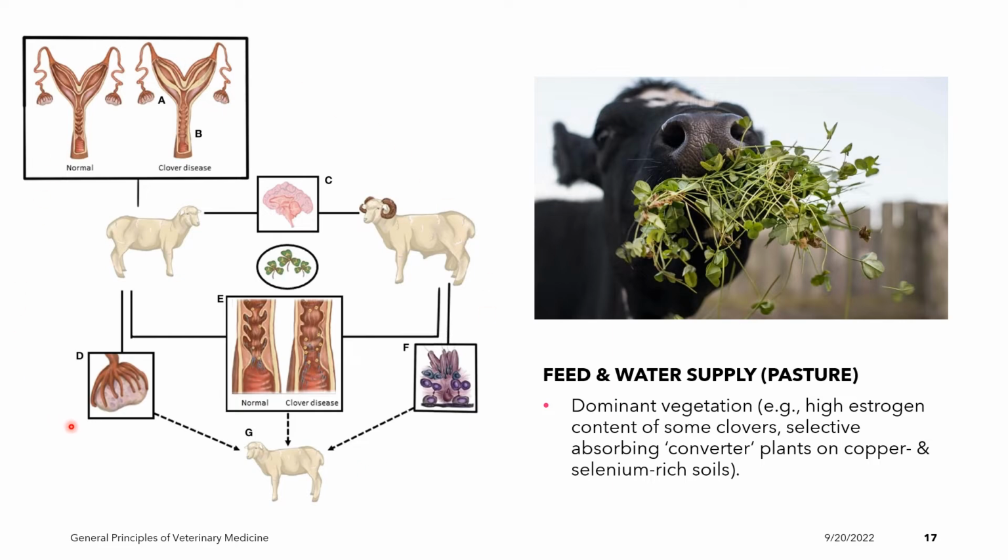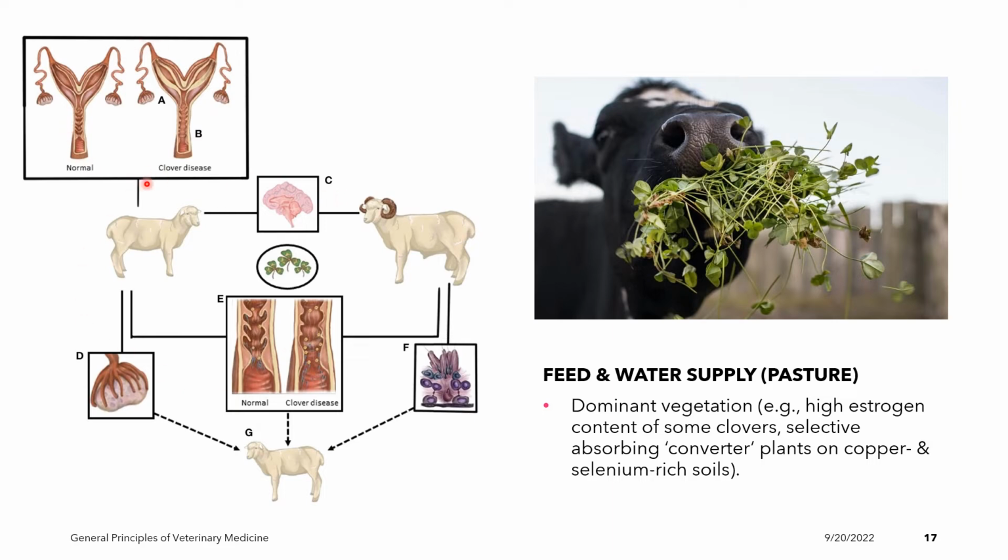This study was done in sheep, and it has been observed that consumption of plants or pasture having a high content of estrogen or phytoestrogens can lead to compromised sheep reproduction.